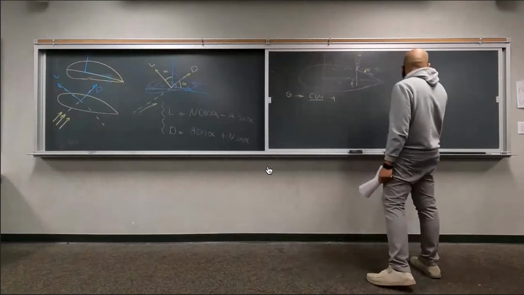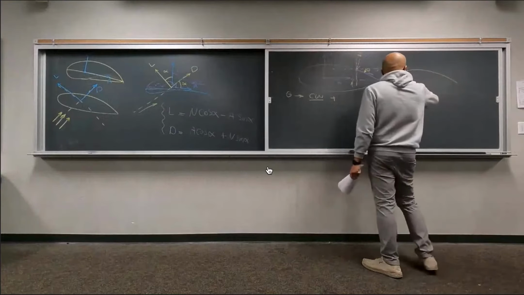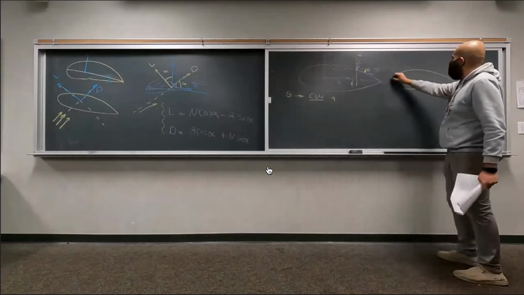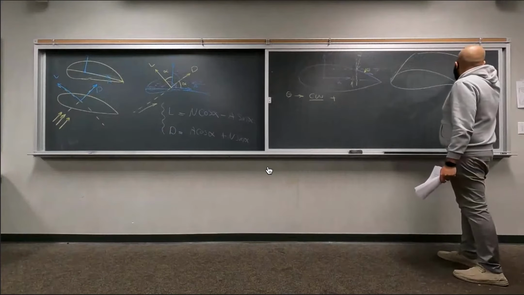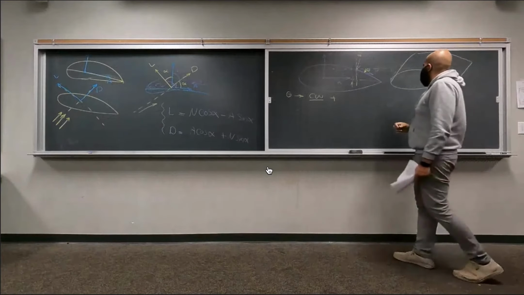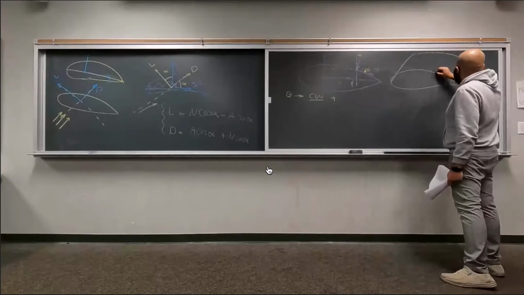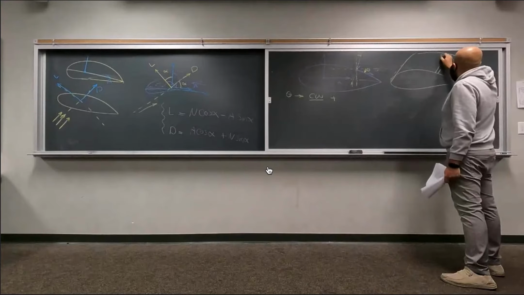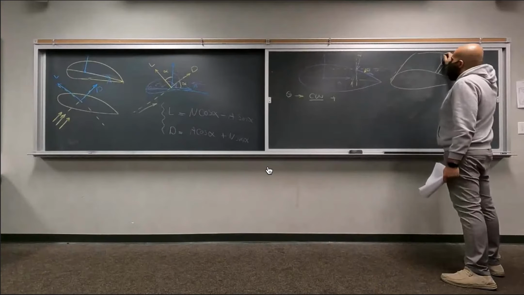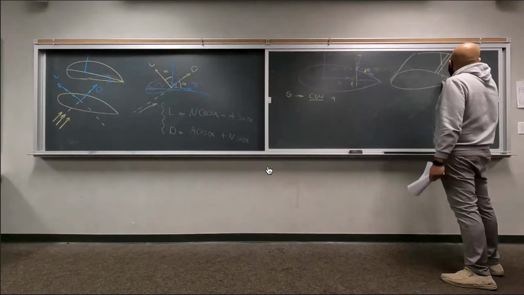So let's actually try finding this force. Let's try dealing with a wing, right? We want to find the force on this narrow band here. This is going to be normal.